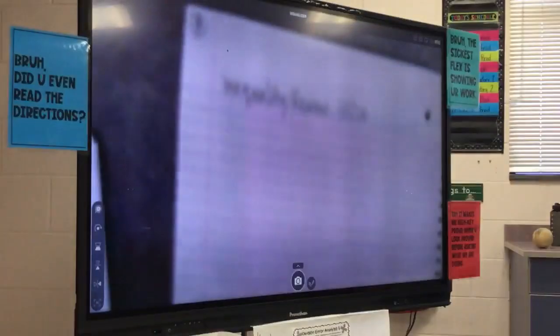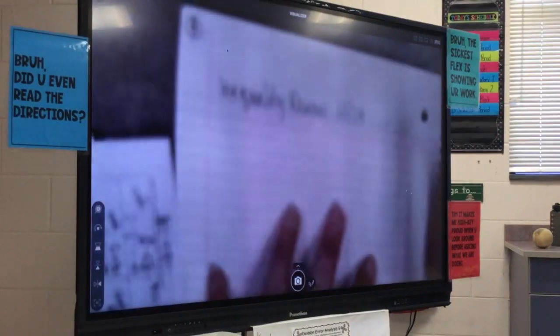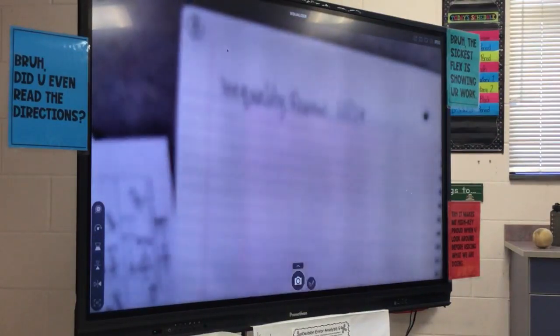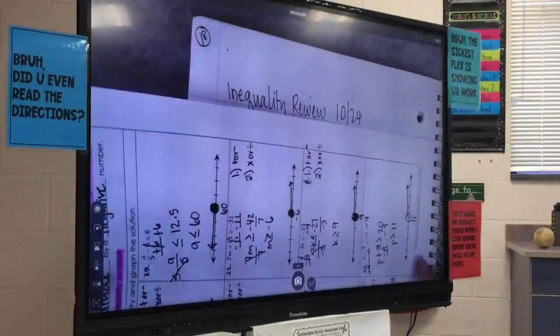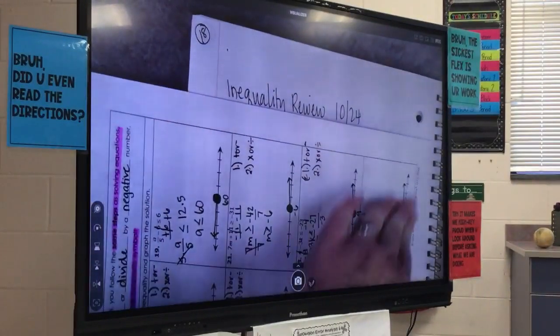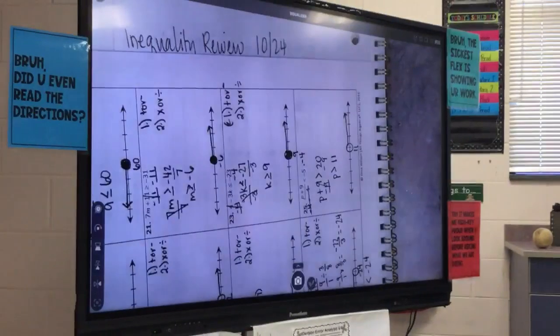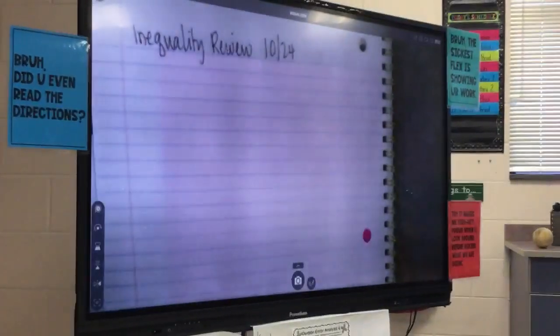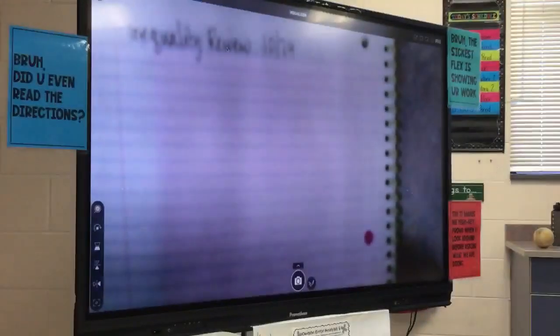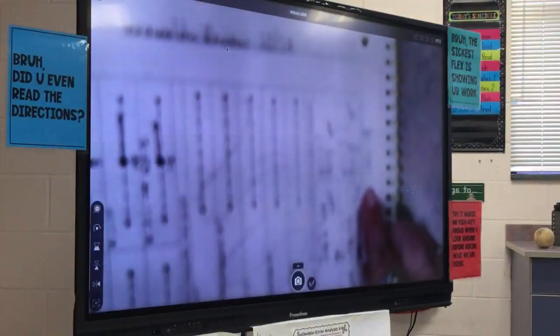Please make sure that you do not glue it down to where you cannot see your work on the front and the back. So I just put a little bit of glue right here. Glue it to where there's going to be a way for me to see front and back right here. And I totally glued it in backwards because, yeah, that's how my life is going today. Just kidding.